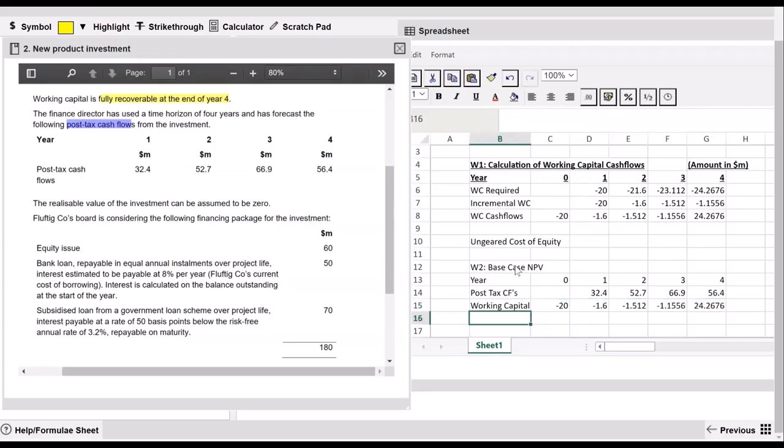And let's read the question to find out the initial investment as well. The realizable value of the investment can be assumed to be zero.